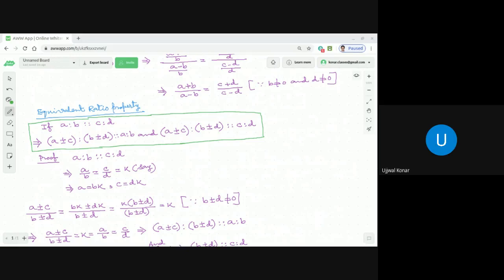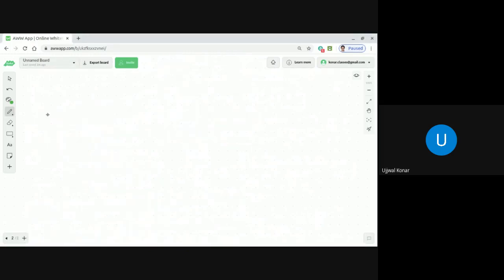The first problem, what I'm going to give is that if A is to B, you can also write along with me, and let me first write the question here.